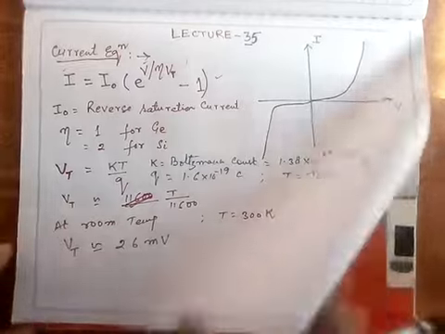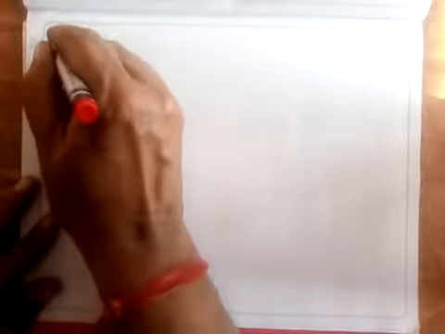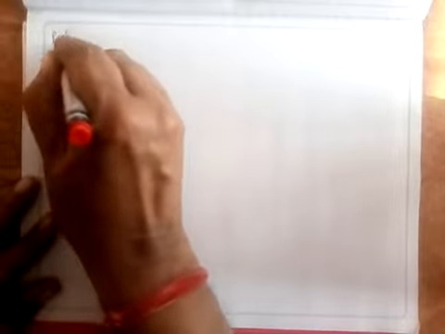I'll deal with a very small numerical based on this. Let's do a problem, just a simple formula based problem. Suppose a problem is given to you. I'll write the problem also.